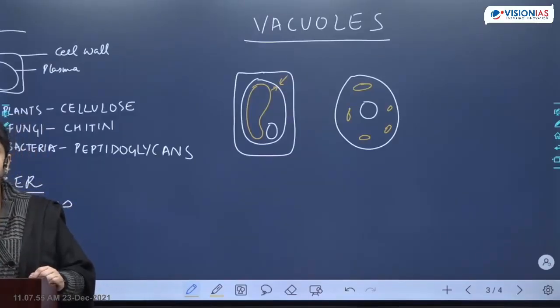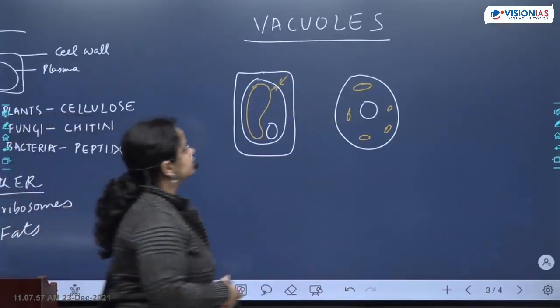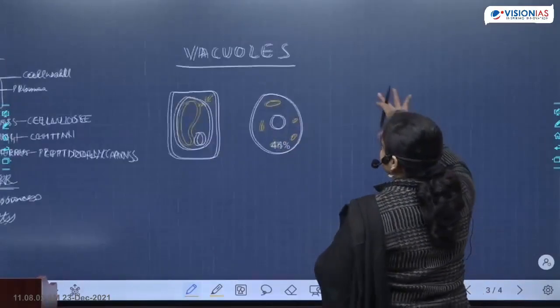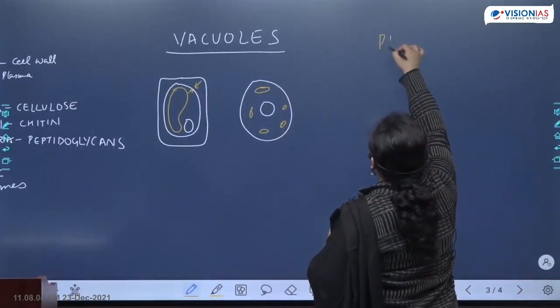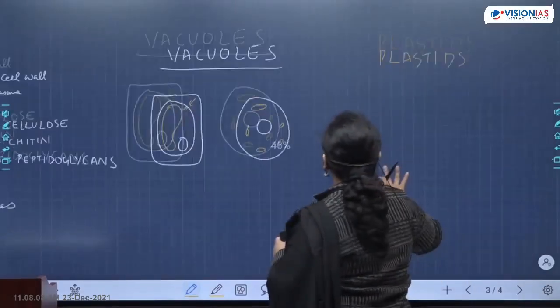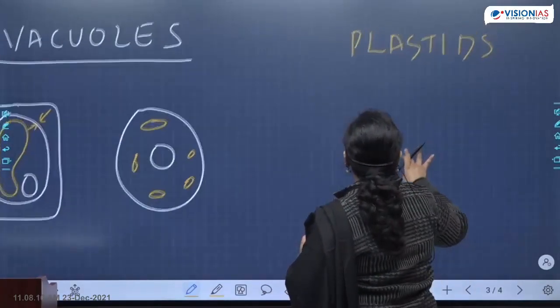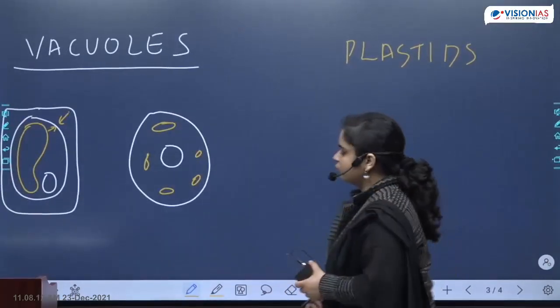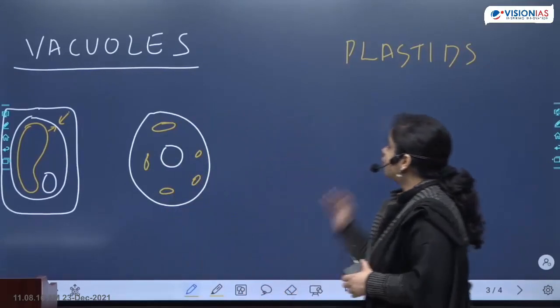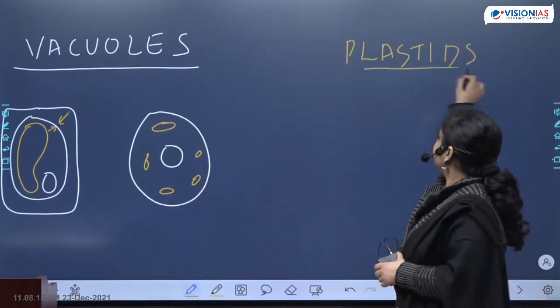And one last organelle we will do, which is found only in plants. So there is this organelle called plastids, which is found only in plants. Okay. Its job is to hold different kinds of pigments.